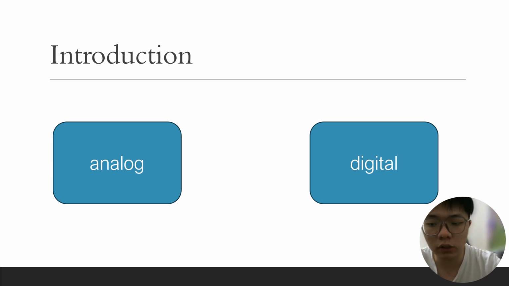Next is digital. Digital modulation involves encoding binary data into a carrier signal, which can be transmitted more efficiently over long distances. The common types of digital modulation are PSK, ASK, and FSK.